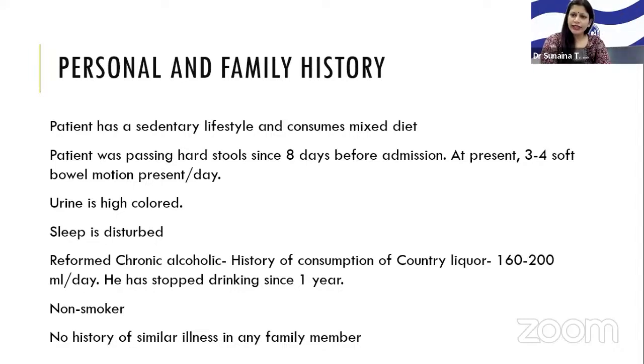And what other things can precipitate it? Constipation is one of them. Yes, another one is dehydration, upper and lower GI bleed, and infections. Why does an upper or lower GI bleed cause hepatic encephalopathy? Because blood is a very good culture media, right? So bacteria grow very easily in blood.